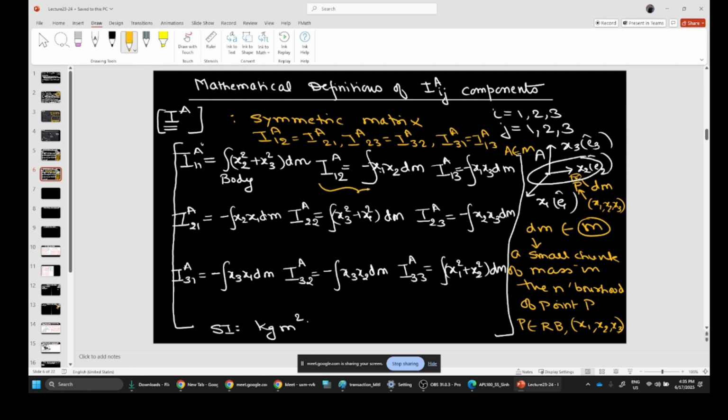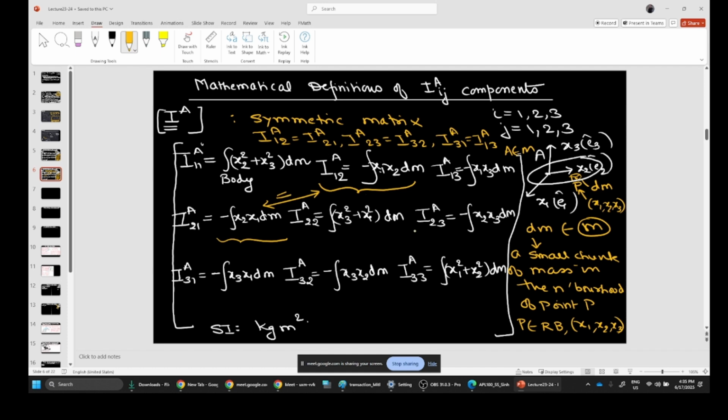That's clear. You see IA12, what is the definition? Minus x1 x2 dm. IA21 is what? Minus x2 x1 dm. But whether you write the product as x2 x1 or as x1 x2 doesn't matter. For products of scalars, it doesn't matter in which order the factors appear. So these are equal.